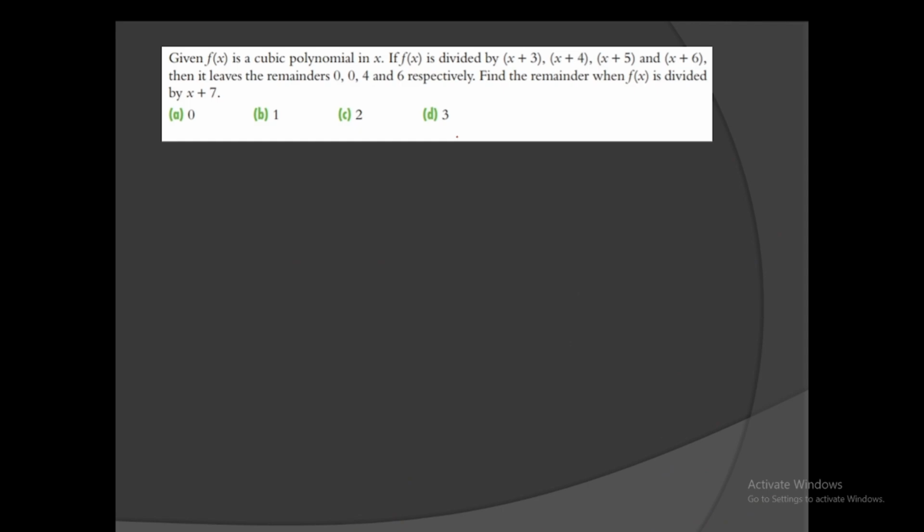It says that given f of x is a cubic polynomial in x, if f of x is divided by x plus 3, x plus 4, x plus 5, and x plus 6, then it leaves the remainders 0, 0, 4, 6. 0, 0 signifies that these are factors. So f of x is x plus 3 into x plus 4 into g of x, right?